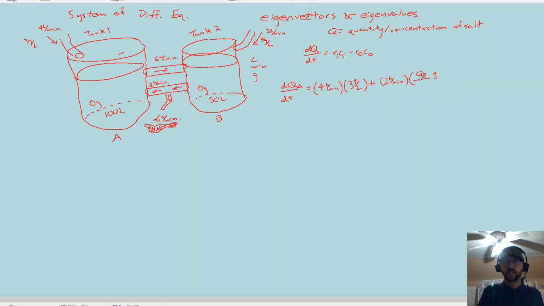So the quantity in B divided by 50 liters, so that's going in. Now we need to subtract what's going out. So minus, and the outbound, there's only one lane. It's right here. It is 6 liters per minute.